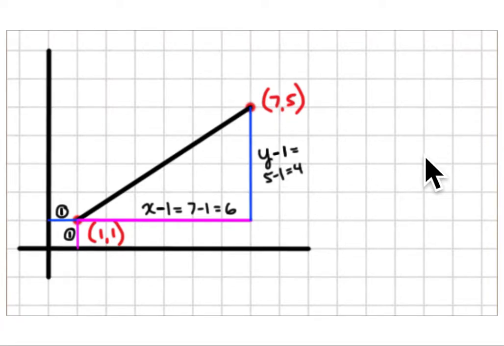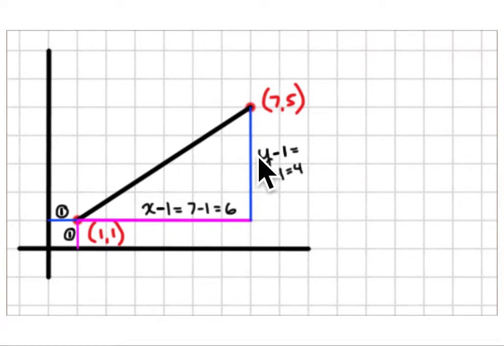To figure it out mathematically, look at this line and figure out the vertical distance. The y value is 5, but to get this length, which is 4 units, you have to subtract this 1 unit that it's been moved up from 0, 0.